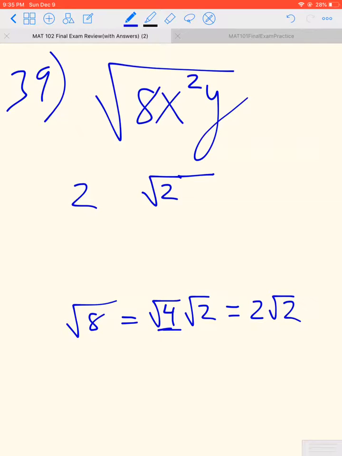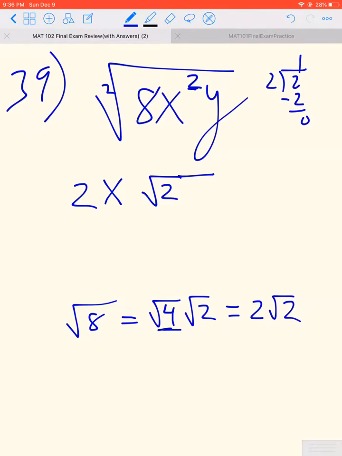We can still do our index trick to simplify the variable parts. For the x term, if it's a square root, it's understood to be index 2. 2 goes into the exponent of x once. 2 goes into 2 once. So I have 1 power of x coming out, and because it goes in evenly, there's no powers of x remaining on the inside.